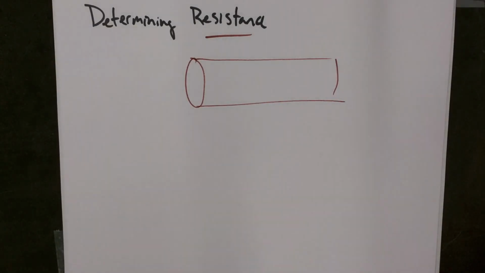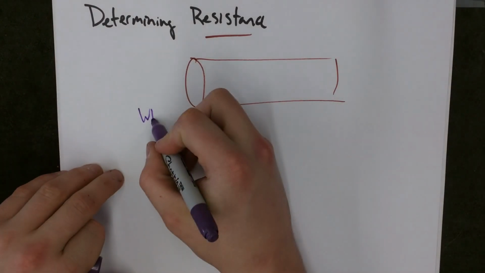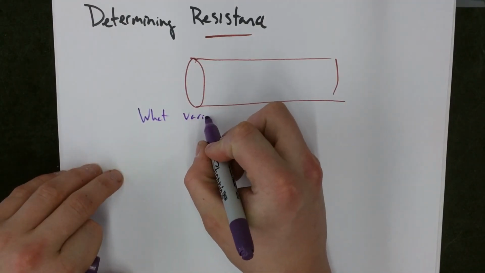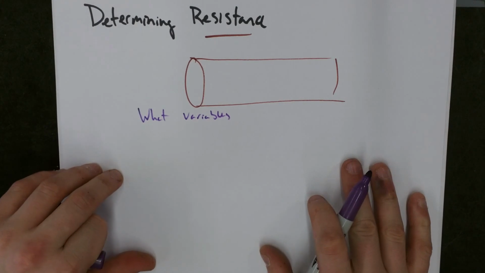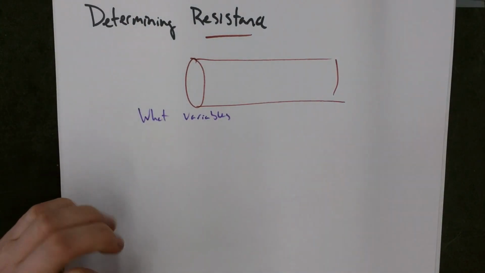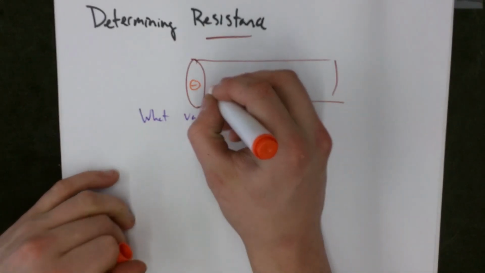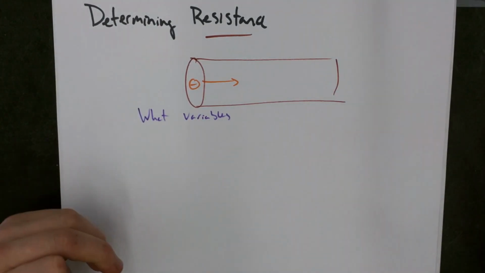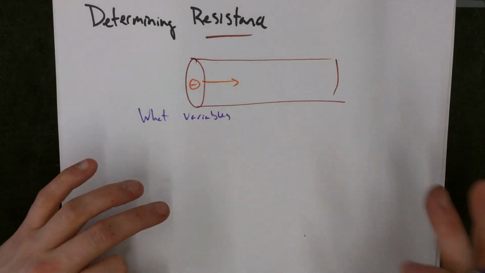And think about the question, what variables might affect the ability of electrons to move through the wire? So let's throw an electron in there and say that the electron wants to move that way because of some potential.